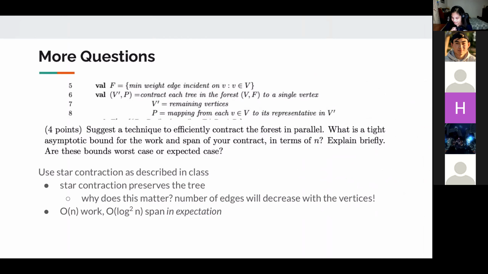Okay, yes, awesome. So in general, it's better to use star contraction, unless we're explicitly asking you to use edge contraction. Star contraction just performs better on general graphs.